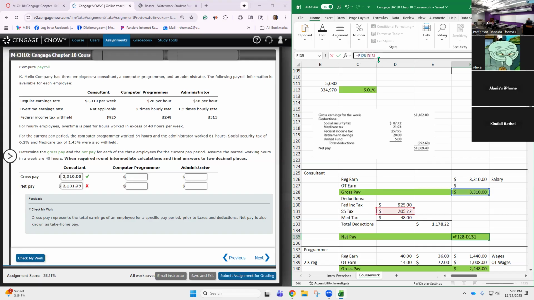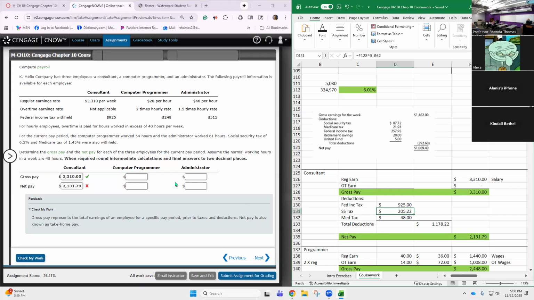That's not it. Nope, that's my net pay. My net pay should be my salary minus my deductions, but they want us to round here. This is a rounding problem.